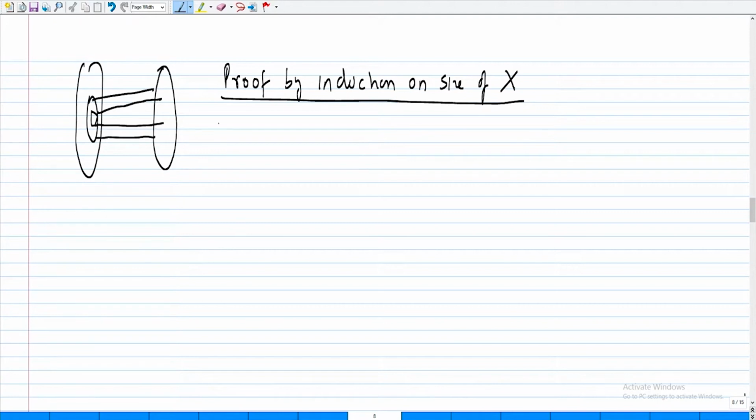That is the base case, and therefore you will immediately get a matching done.